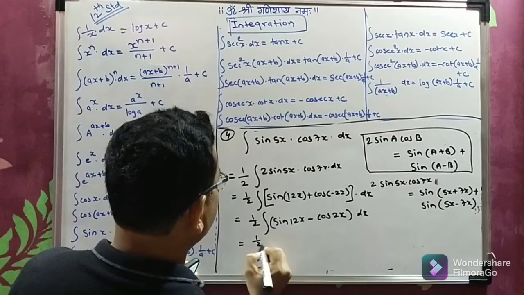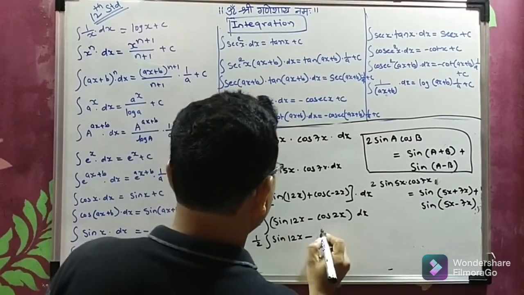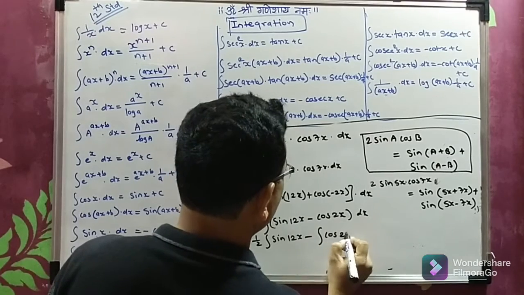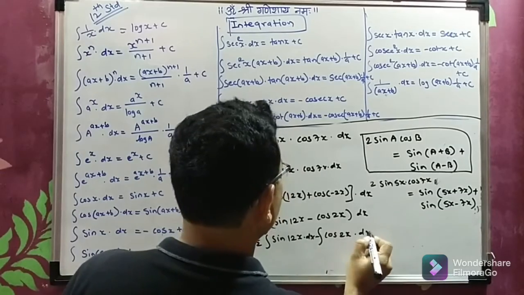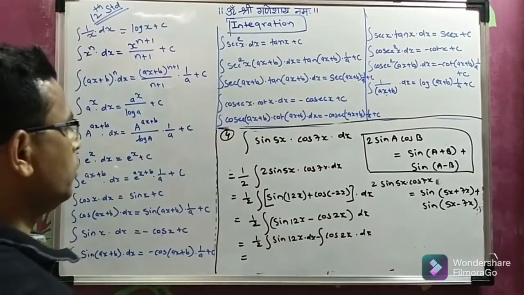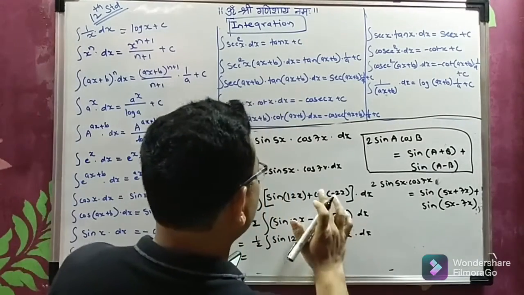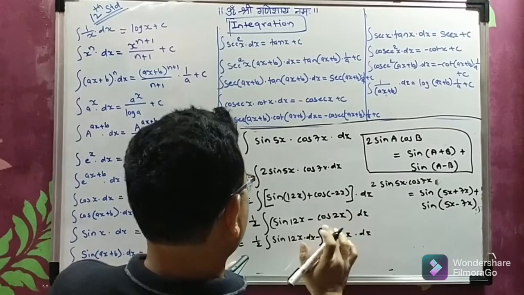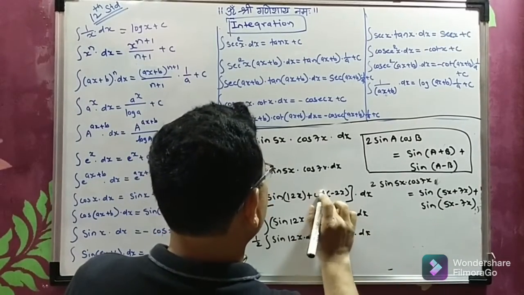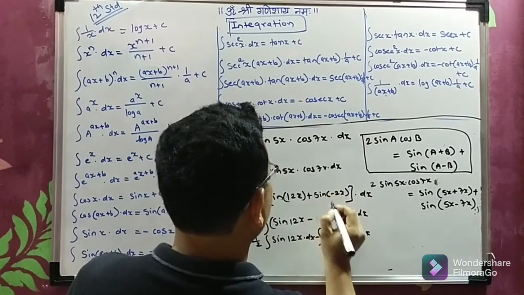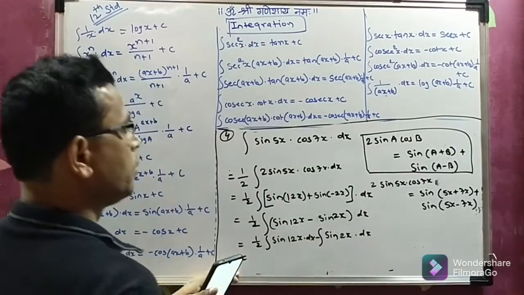So we now integrate this: integration of sin 12x minus integration of sin 2x, dx. This is sin over here, and this is also sin.